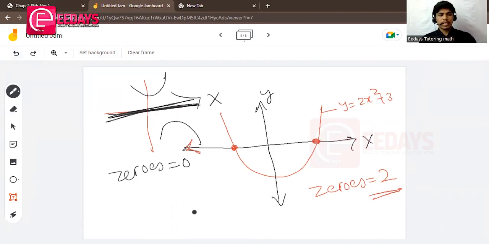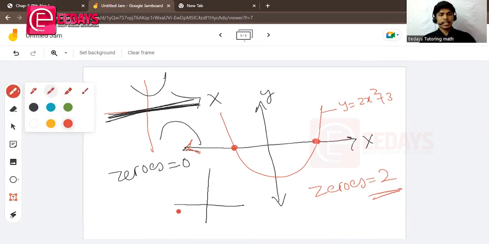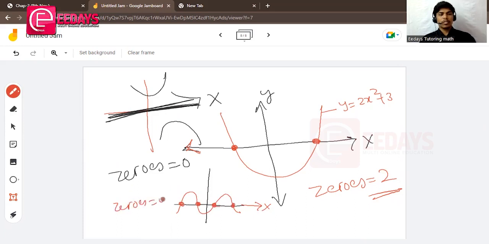So what I'm saying is, the graph is cutting the x-axis like this. If they give a graph like this, how many points is it touching the x-axis? So this is the x-axis, 1, 2, 3, 4. Now the number of zeros would be 4.